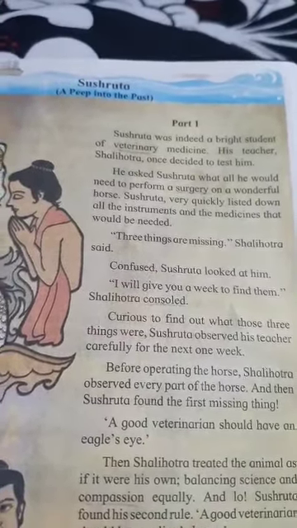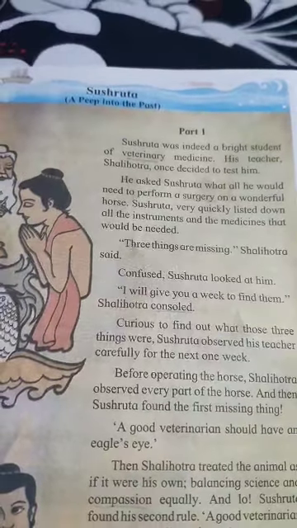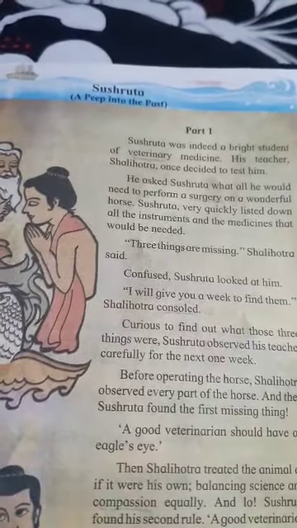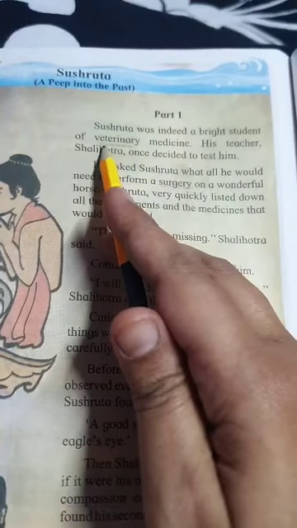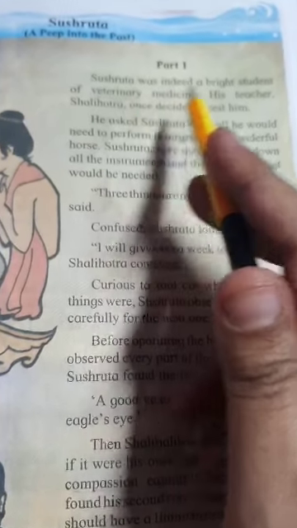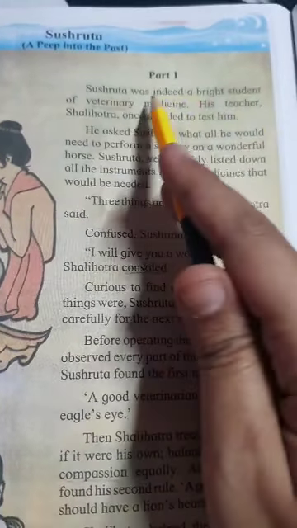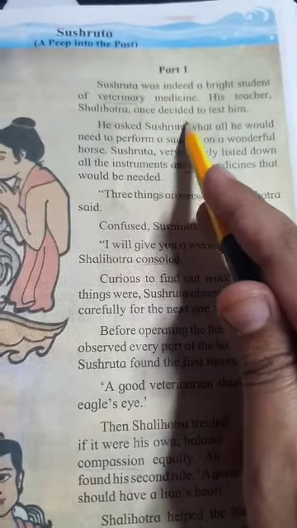A doctor of animals is known as a vet, and the person who is doing that study is known as a veterinary student.